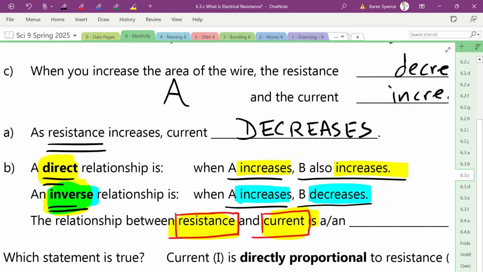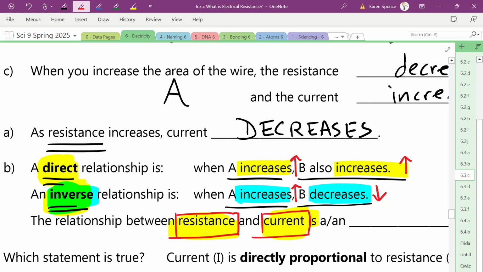See what they think. What do you guys think?